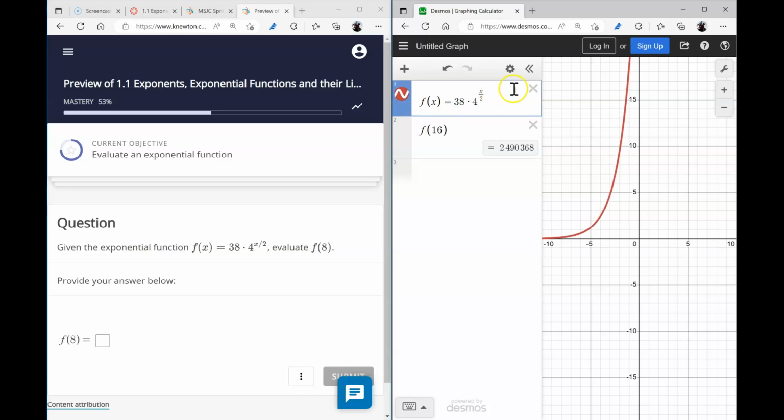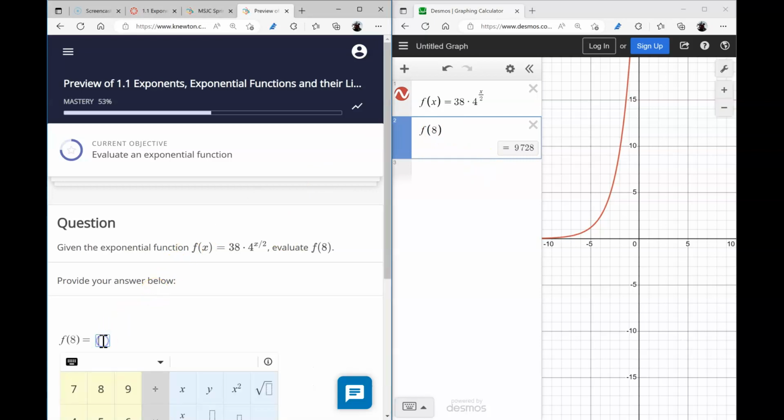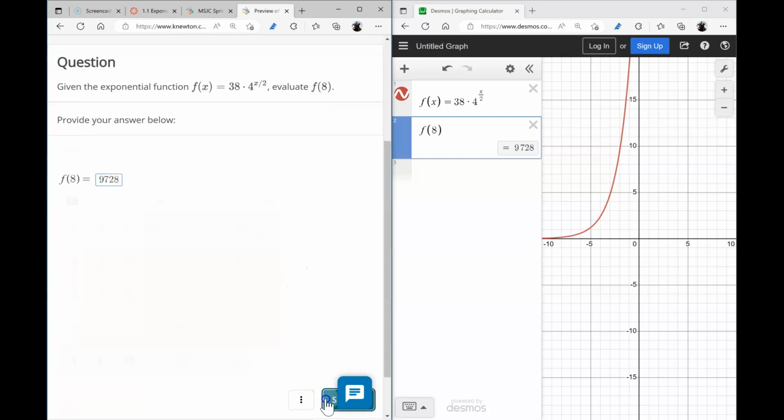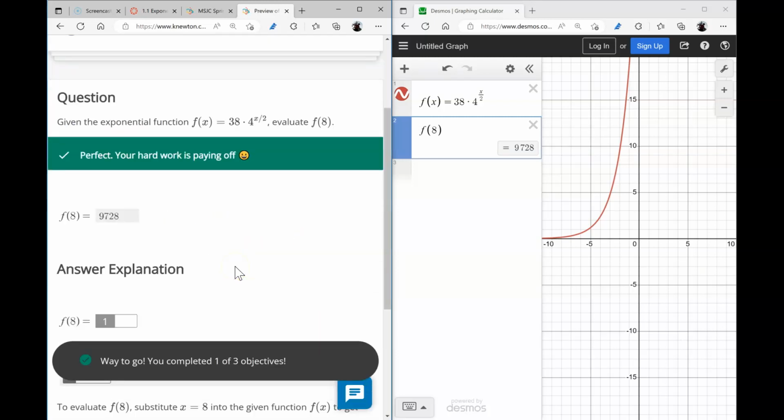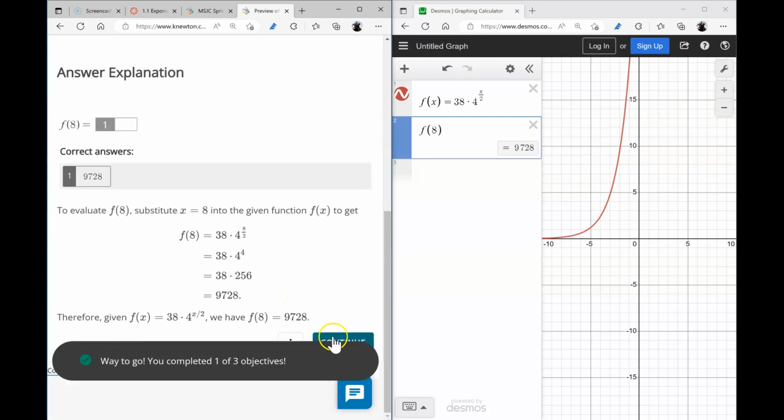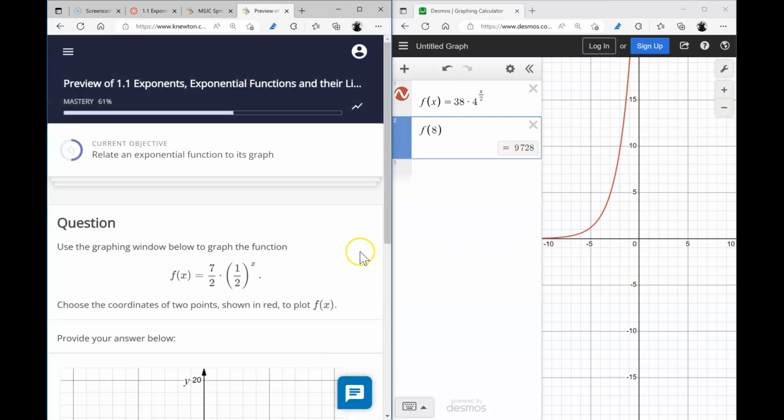Very similar problem with a very similar solution. All right, moving on.